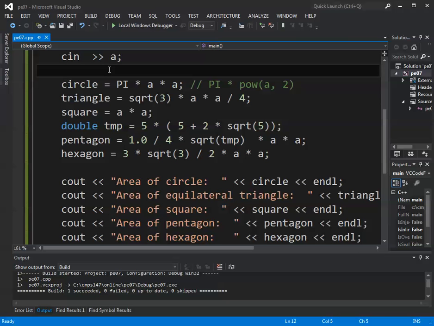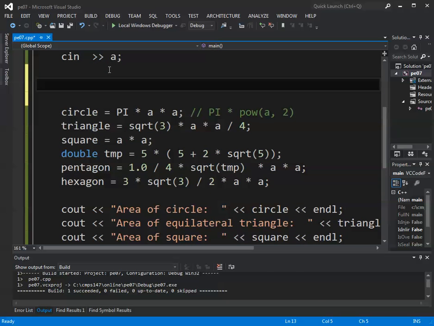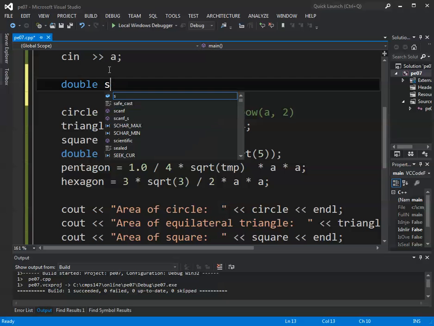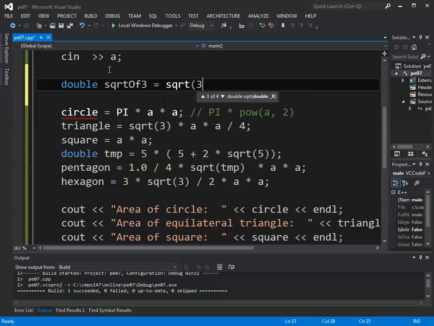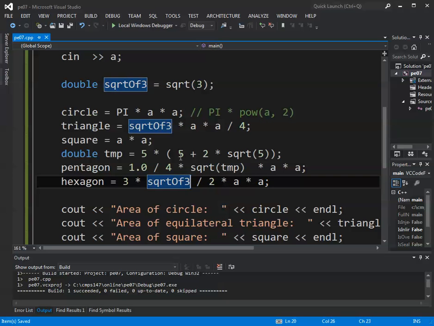Now, if I wanted to save that time, what I could do is create a variable, square root of 3 equals square root of 3. And then instead of calling that function each time, simply replace it.